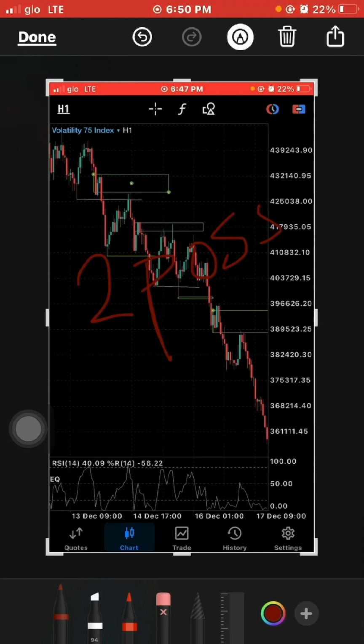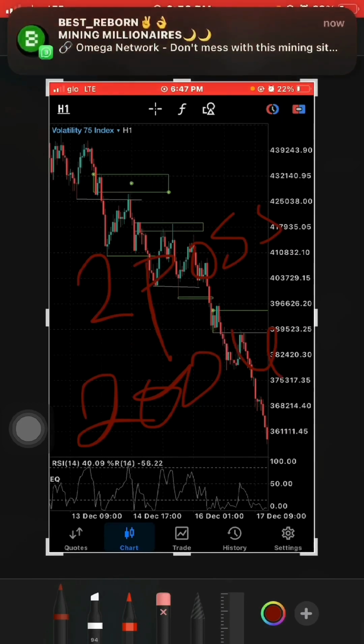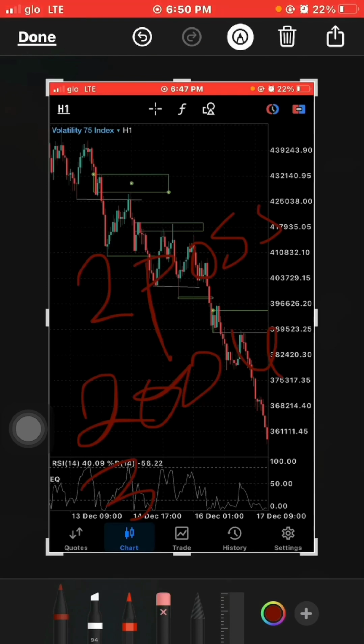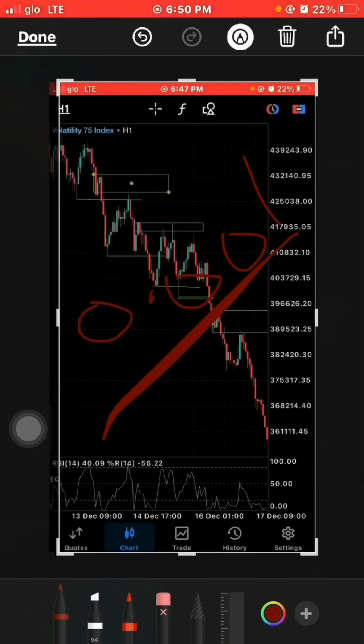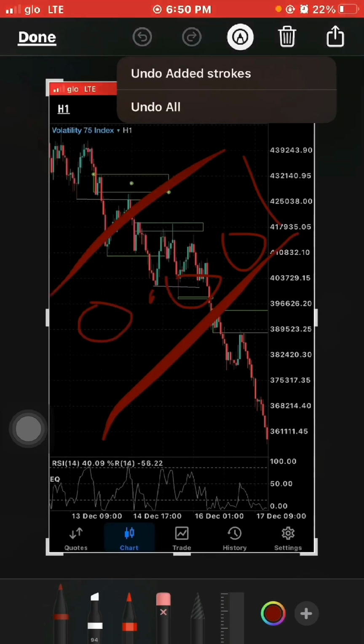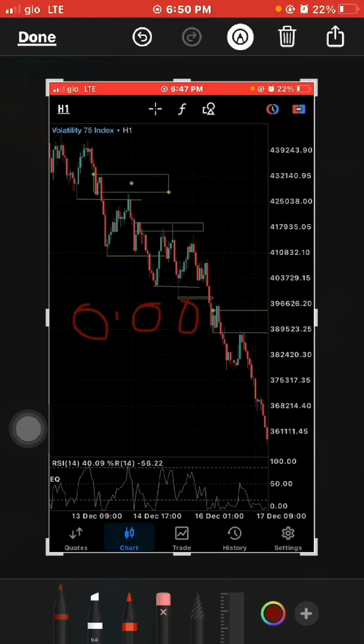Then on a 200 US dollar account, you can open up to 3 or 4 positions using the minimum lot size, which is 0.001 on Volatility 75. If you are trading a small account such as $50, the recommended lot size is 0.001, and don't open more than one position.